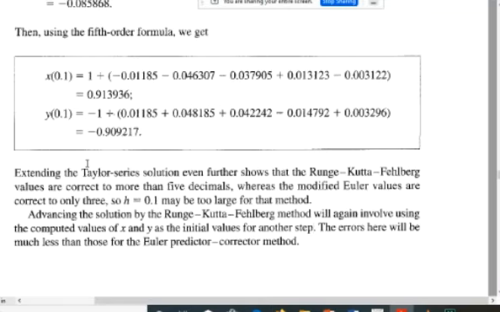Using this approach, we can compute the values of x and y at other points, for example, x at 0.2, 0.3, 0.4, and of course the amount of error became less than the amount of error in the Euler or modified Euler predictor-corrector approach.